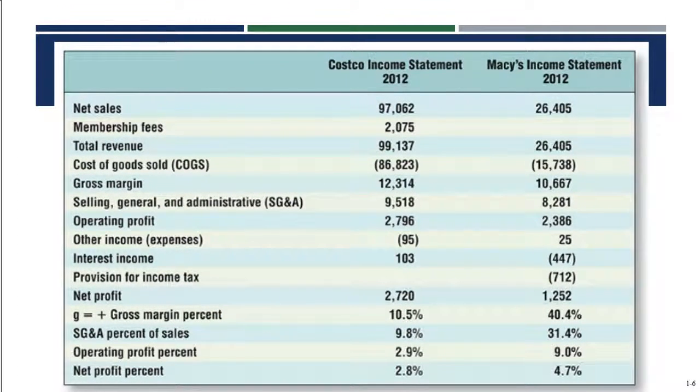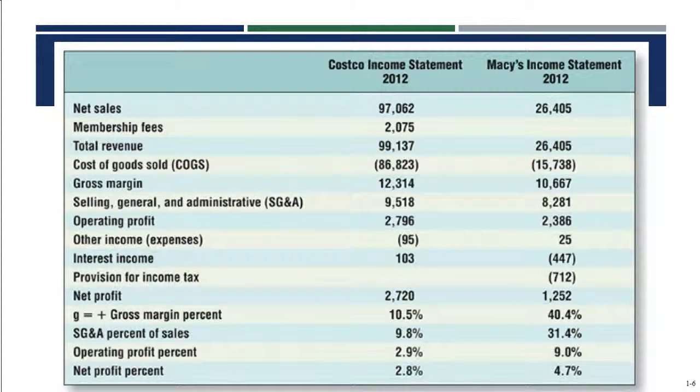Let's talk about some of these numbers and analyze the differences between Costco and Macy's. When we look at our gross margin percentage, which for Costco was 10.5% and for Macy's was 40.4%, why does Costco have more than triple Macy's sales, but Macy's has a higher gross margin percent?